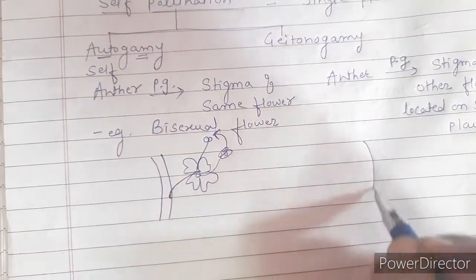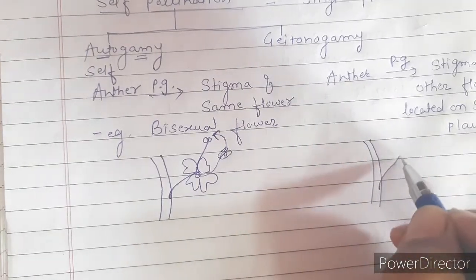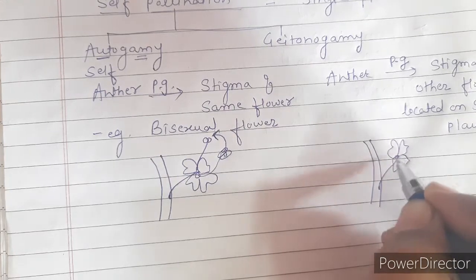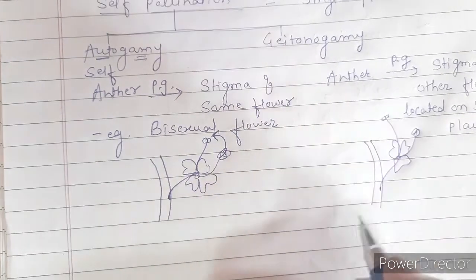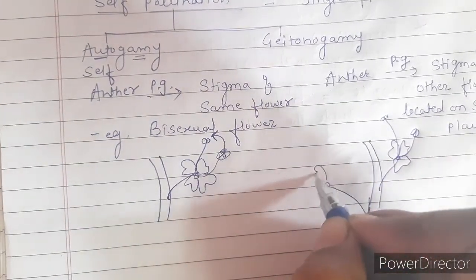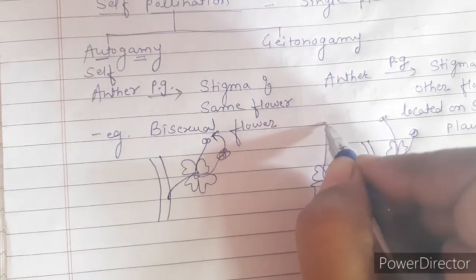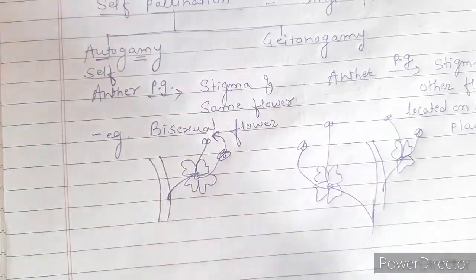Okay. Now, in geitonogamy, see here, suppose this is one flower. No doubt it is a bisexual flower, suppose, having androecium and gynoecium. And here again the second flower is there, suppose. Here there is the gynoecium and here there is the stamen.